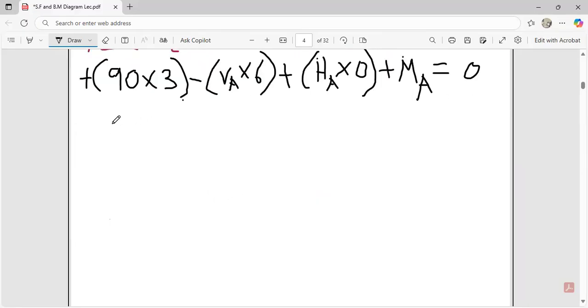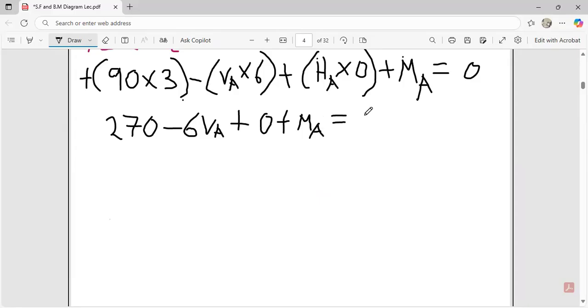90 times 3 is going to give you 270. So 270 minus 6 VA, plus, any number times 0 is 0, plus our MA. Good. At the end of the day, all is equal to 0.